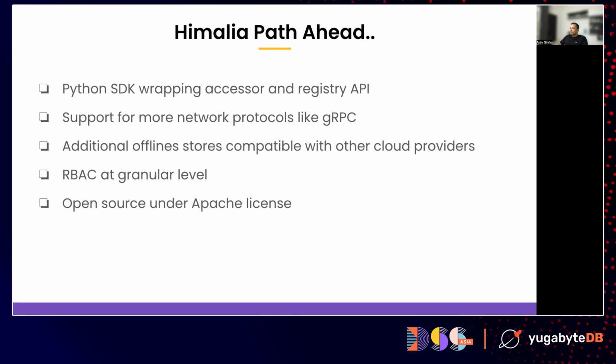We are evaluating additional offline stores so that it is compatible with all the cloud providers. Currently, we have RBAC at a high level, which we call namespace. That is a domain level separation of features. But we want to build RBAC at a granular feature level.